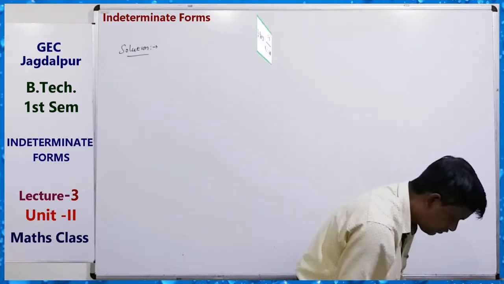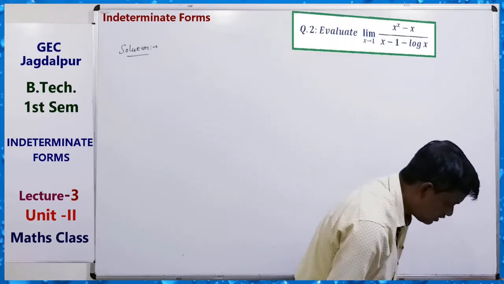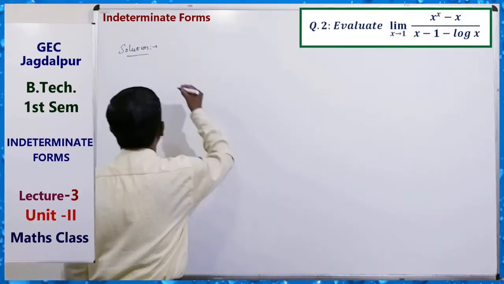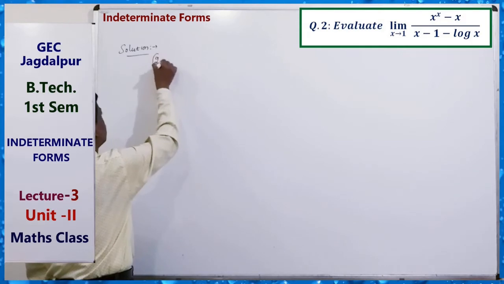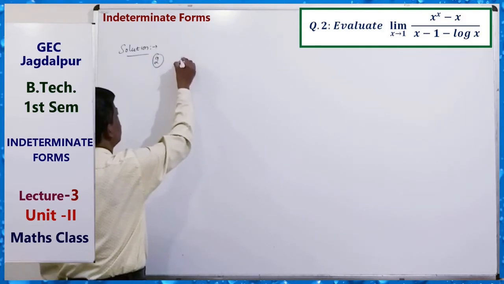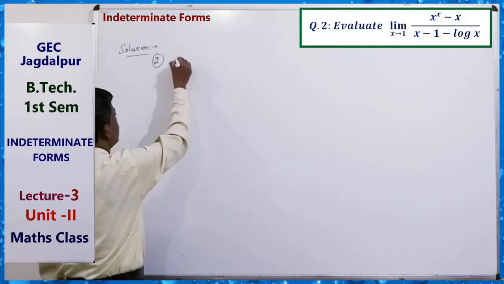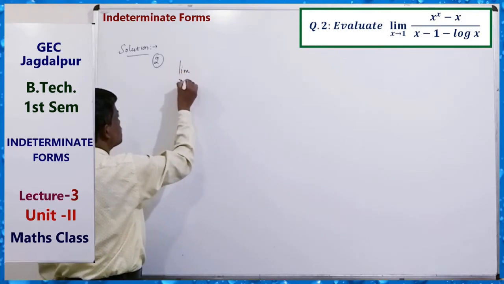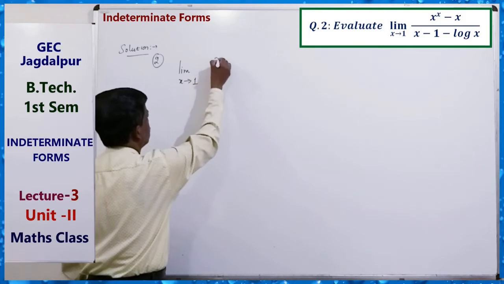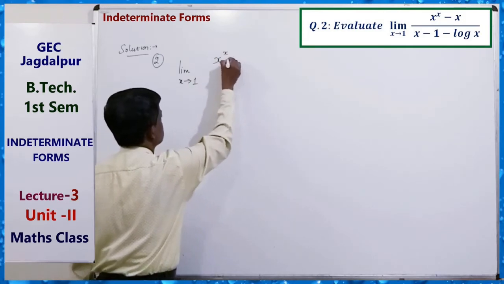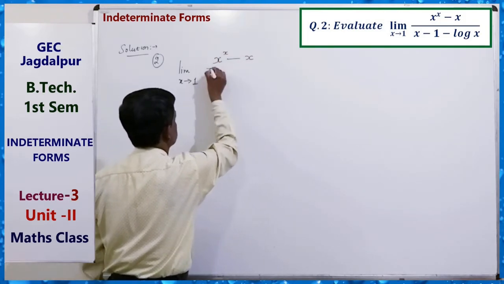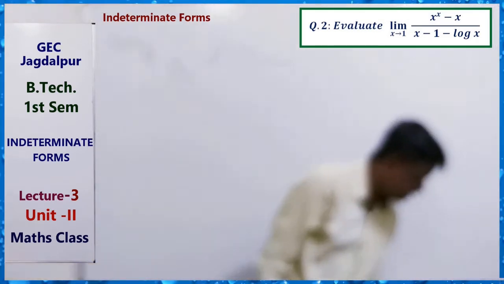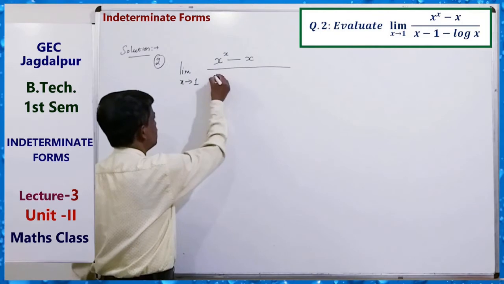Take the second question: limit x tending to 1, (x to the power x minus x) upon (x minus 1 minus log x).